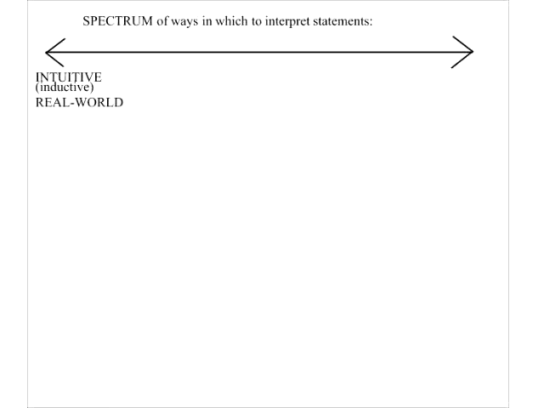Okay, here's the story. There's a very broad spectrum of the way that you can interpret statements. It's a useful way of thinking about these problems on this test. On one end of the spectrum, you have the very intuitive, inductive, very real-world type thinking.